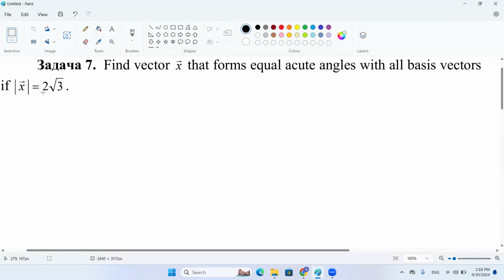Its magnitude is 2 square roots of 3. And if we know that it forms the same angles with basis vectors, what does it mean, by the way?